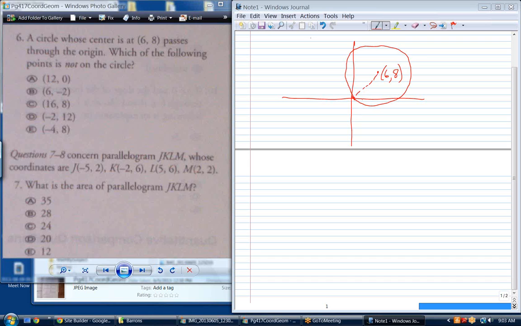From the dimensions of this point here, if that's 6, 8, then I can create a triangle whose sides are 6, 8, makes that 10. So now we know the radius of the circle is 10, and every point here has to fit the Pythagorean theorem.